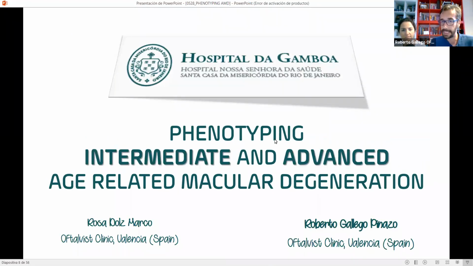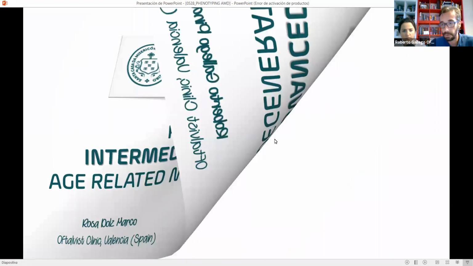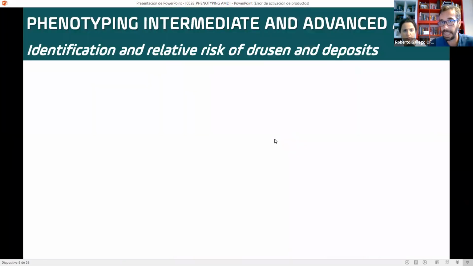And there is an increasing need to perfectly phenotype both intermediate and advanced forms of age-related macular degeneration on the basis of all the new imaging modalities, but mainly structural OCT. So let's begin with the very easy, for Rosa, not for me, things.